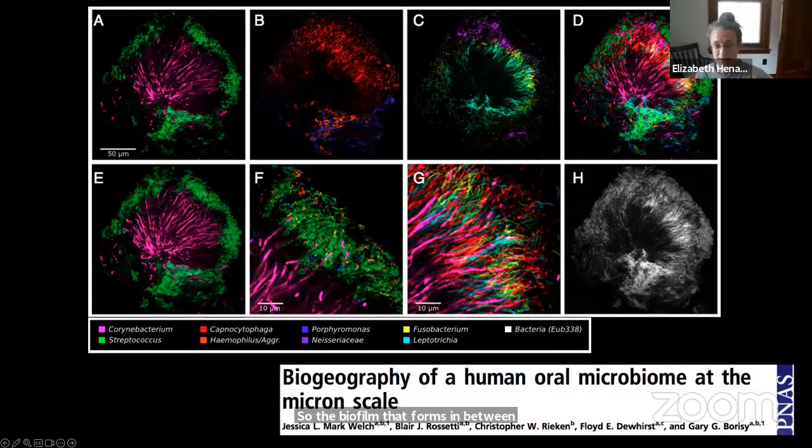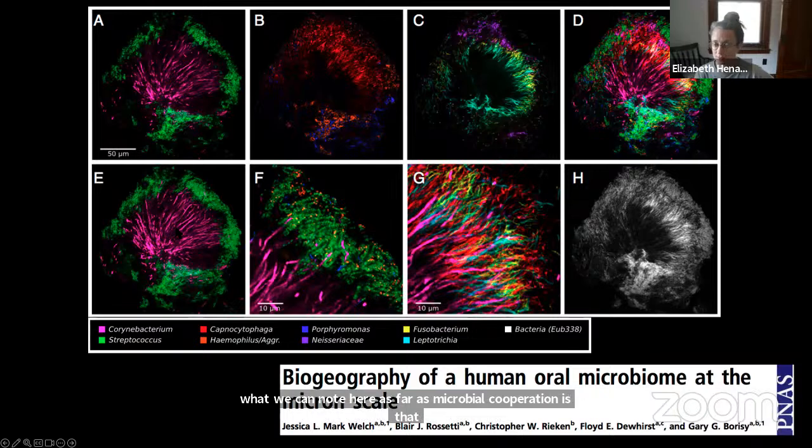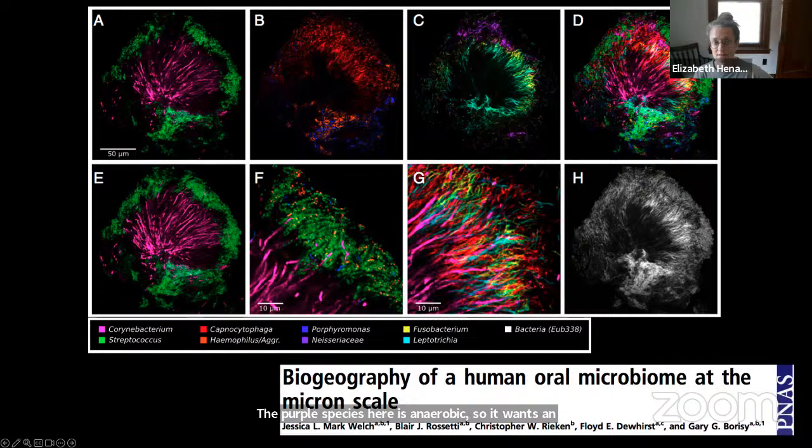What we can see here is that these communities are very well organized. If we look at this picture here, bottom left, you can see that there's green species on the outside of this three-dimensional structure, and filaments of purple species on the inside. What we can note here as far as microbial cooperation is that the purple species is anaerobic, so it wants an environment devoid of oxygen, and the green species on the outside is aerobic.